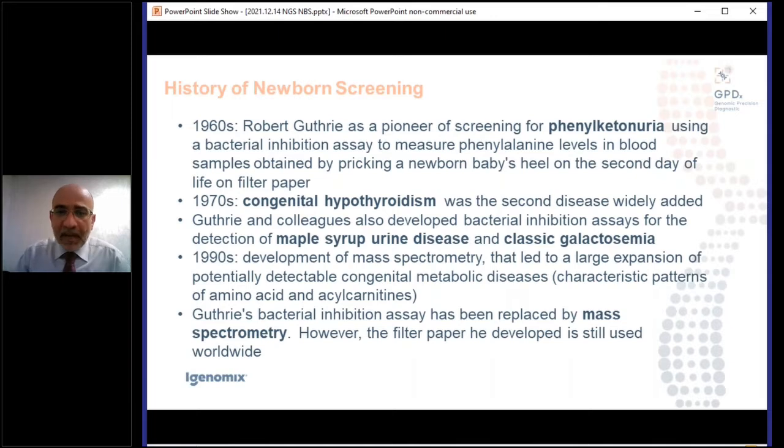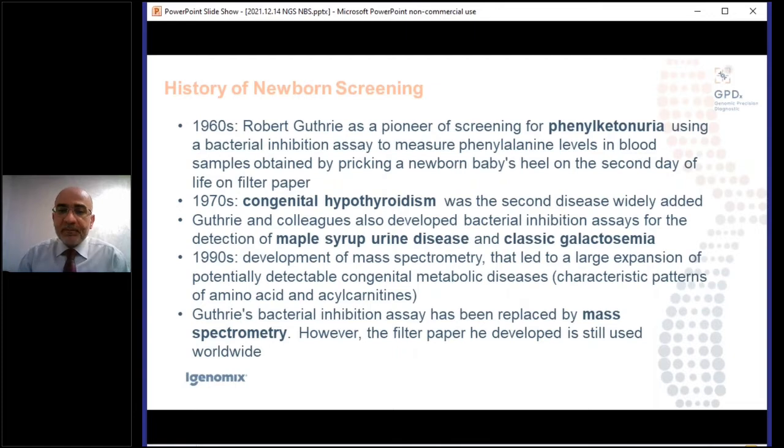So, a little about the history. The story started in the 1960s when Robert Guthrie described the initial screening for phenylketonuria using the bacterial inhibition assay to assess the level of phenylalanine in the filter paper from newborns. Then in the 70s, people started adding more diseases, like congenital hypothyroidism.